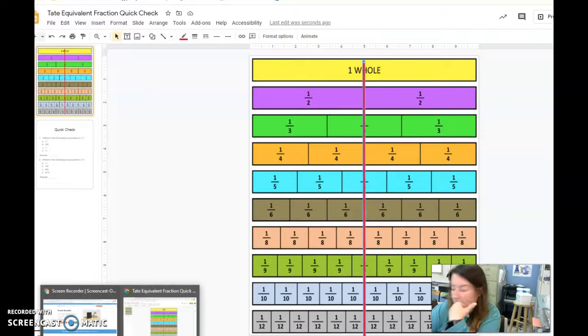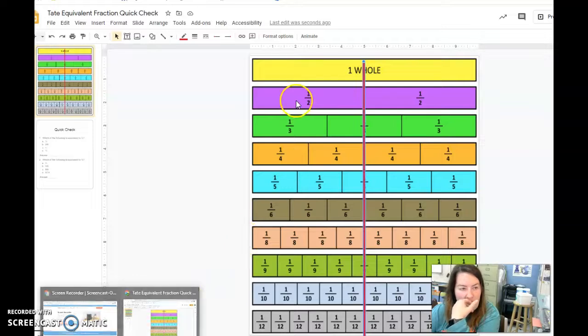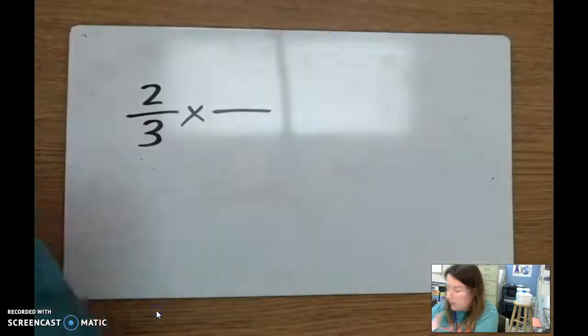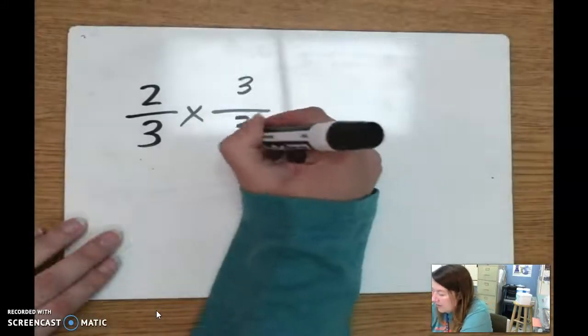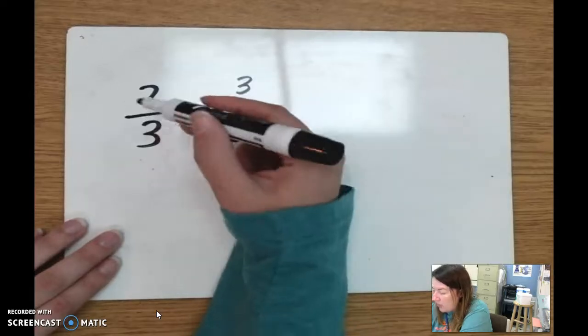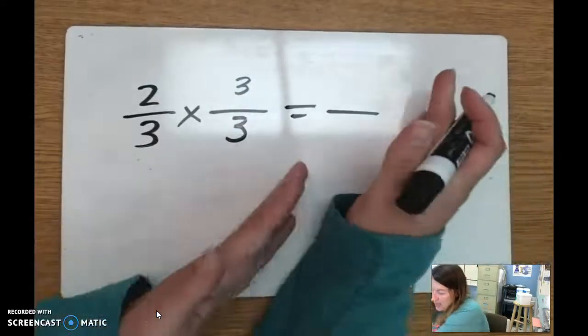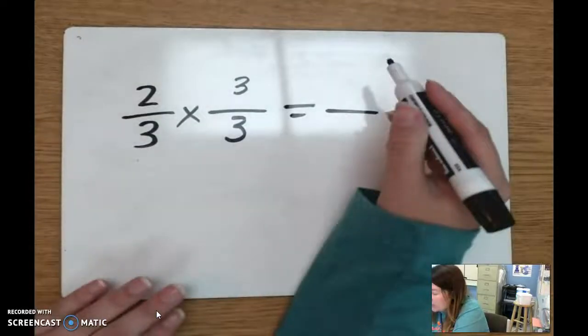So I'm just going to choose a random one. Let's say 3/3. So I'm going to multiply it by 3/3 because that's this whole piece right here. Well, okay, 3/3. That's 1 whole. So I'm multiplying 2/3 times 1. And I should get something that is the same as 2/3, but just with a different name.